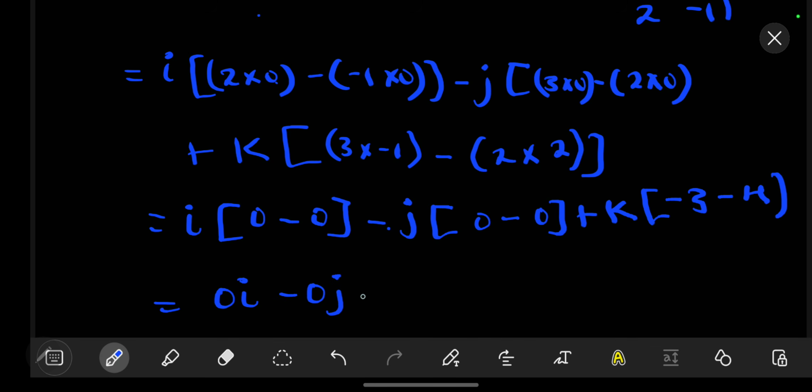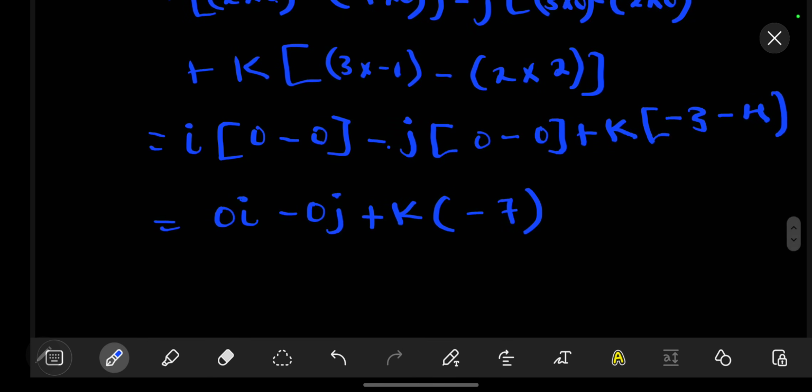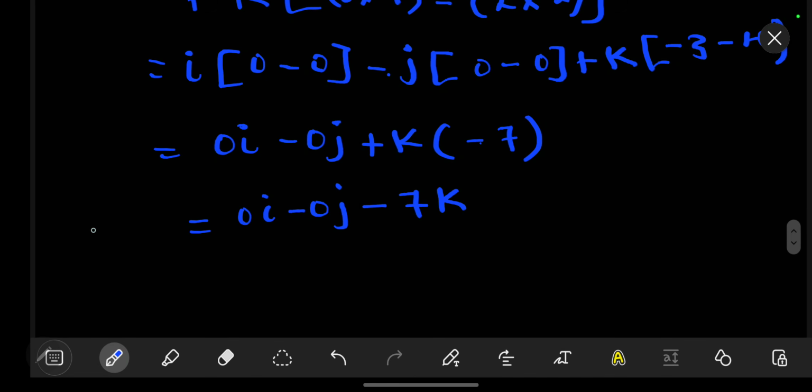Then we have plus k. Then negative 3 minus 4 will give us negative 7 like that. So this will give us 0i minus 0j, then negative times positive will be negative, then we have 7k like that. So this is our A cross B.